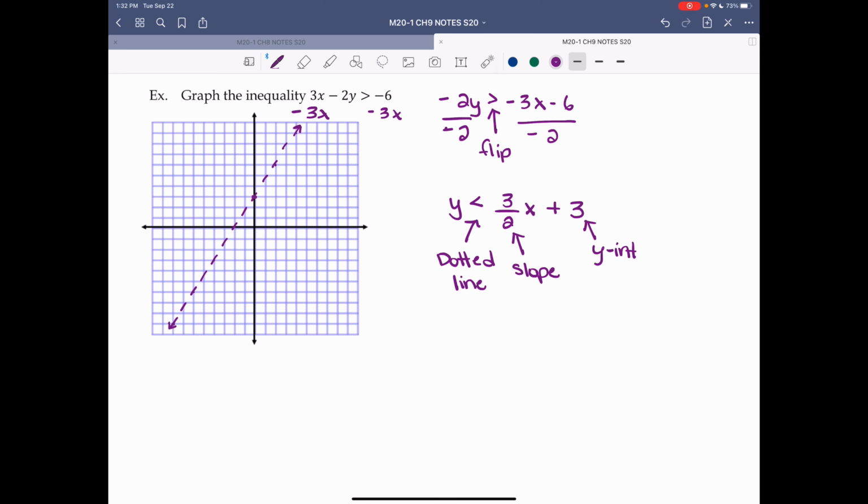Next we need to test some points. Test 1 point on each side. I'm going to start on the right side. I'm going to choose real easy, 0, 0.